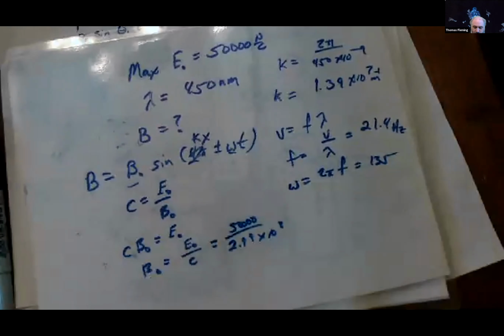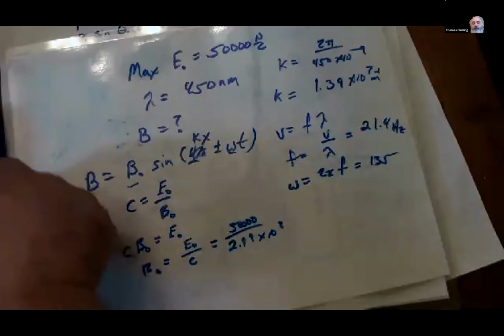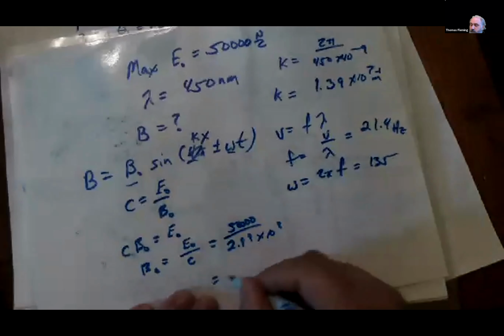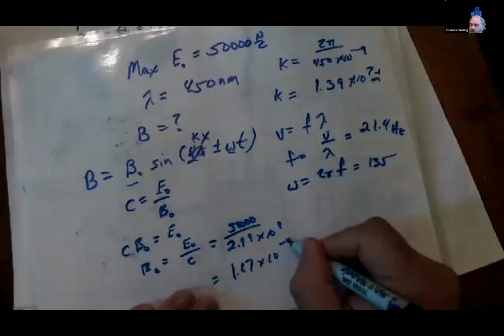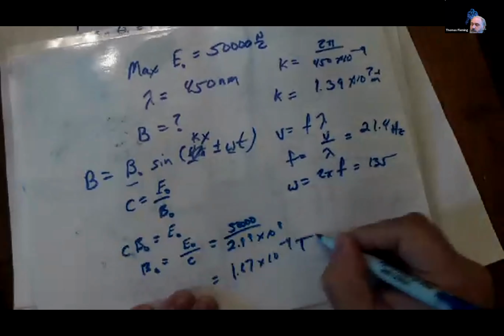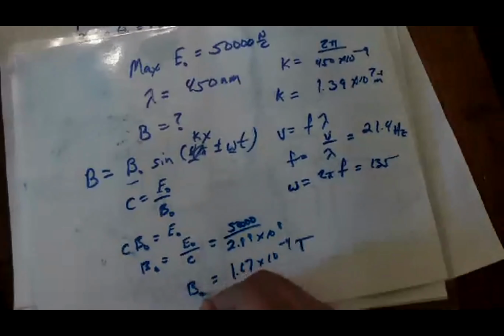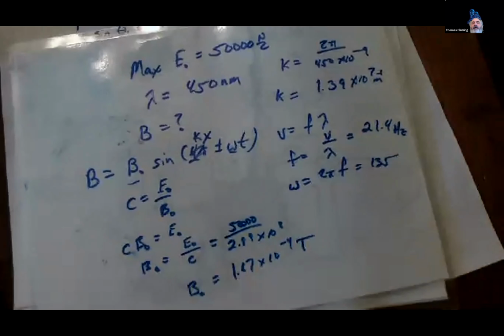No. No. I take 50,000 divided by 2.99 times 10 to the 8th. You get 1.67 times 10 to the negative 4th. I suspect you probably had an issue with your calculator because... Oh, I put a wrong number. That's why.